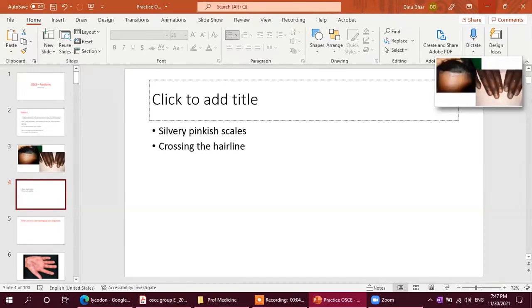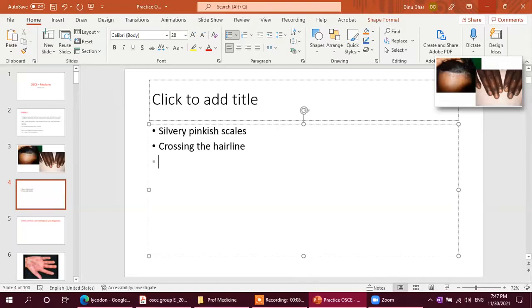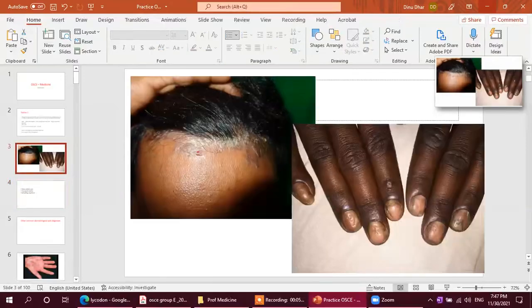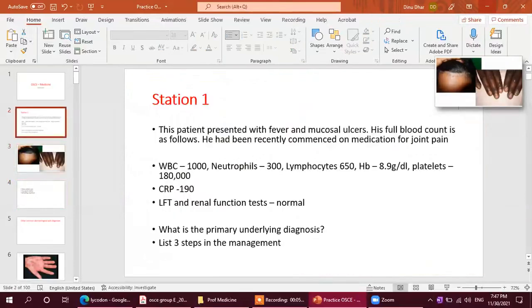Now just put this case as a question which you can attempt. This patient with psoriasis was recently commenced on medication. You can see that there is quite severe neutropenia, where the absolute neutrophil count is less than 500. And the patient has fever and a high CRP.